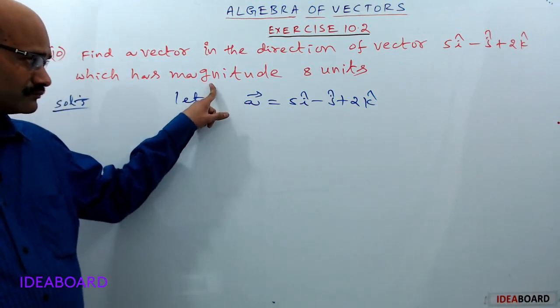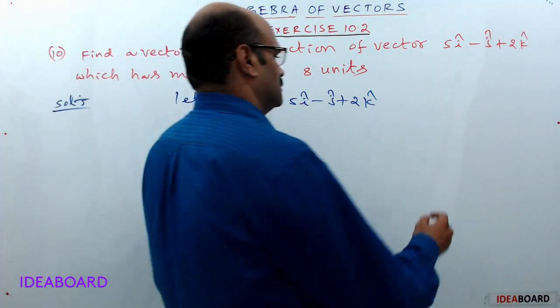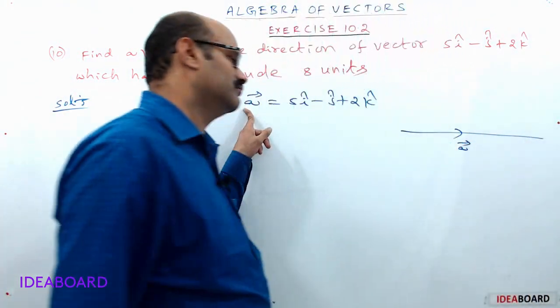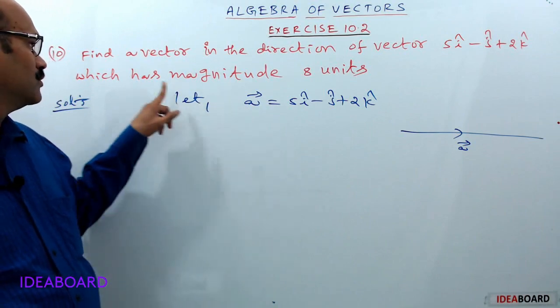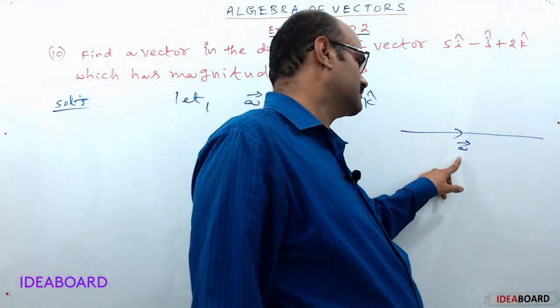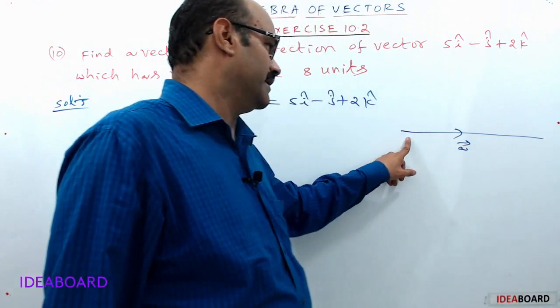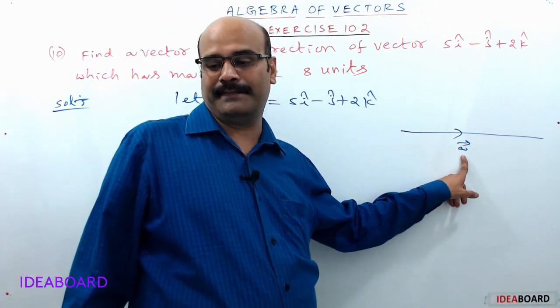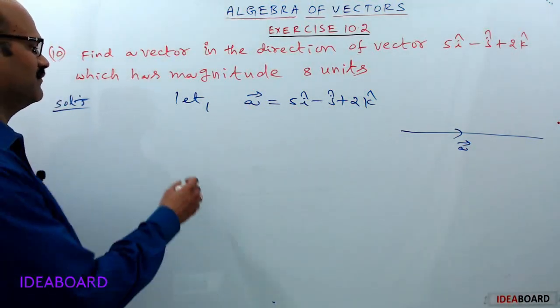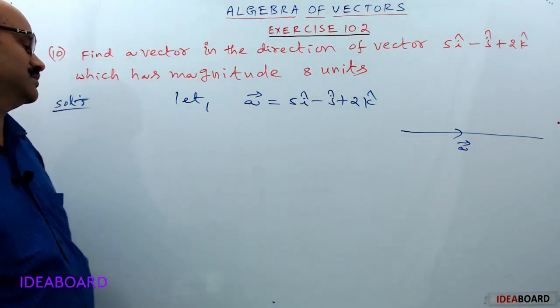Now this is the vector A we have. Now we have to find a vector of magnitude 8 units along this vector A. To find it, first we have to find A cap here.